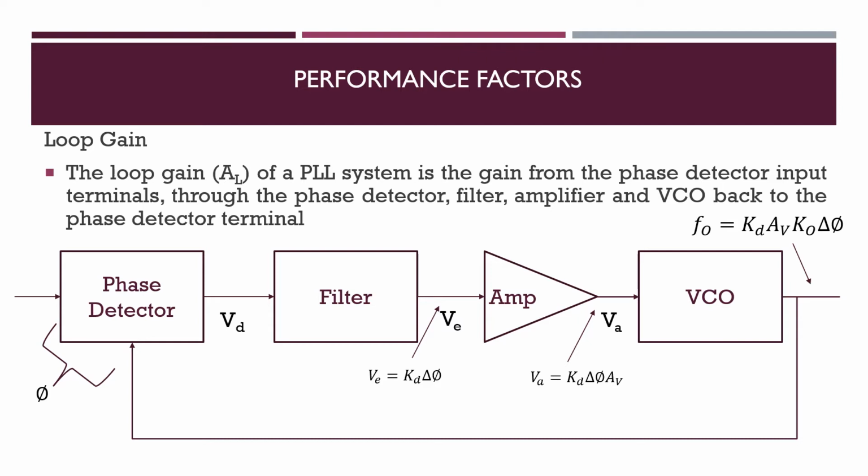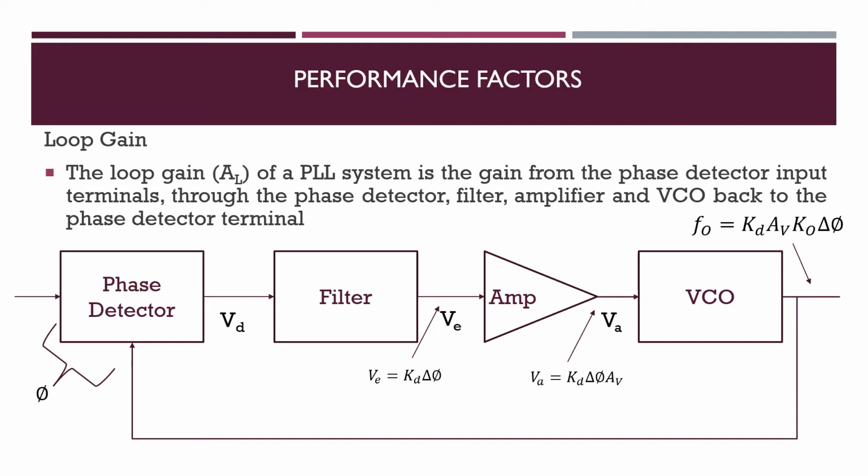The output frequency F0 will be equal to the amplifier voltage multiplied by the constant K0, where K0 is the voltage to frequency constant, in kilohertz per volt. So F0 will be equal to Kd Av K0 into delta phi.